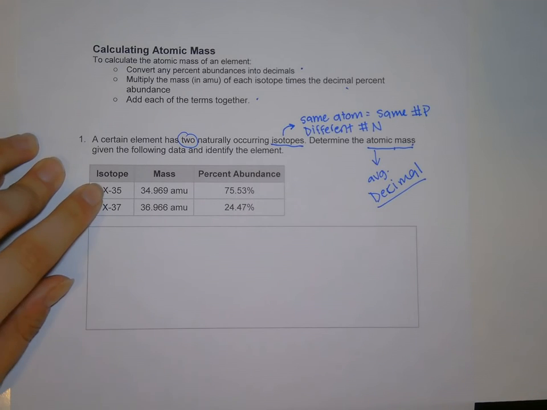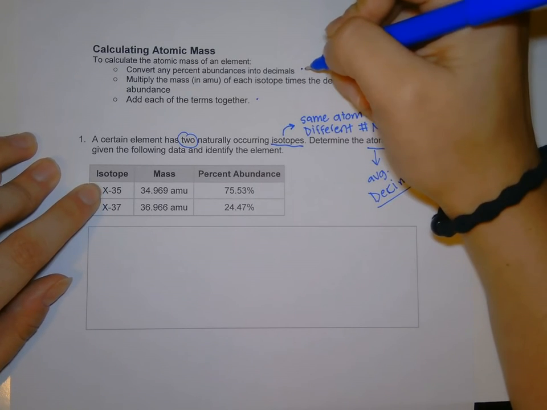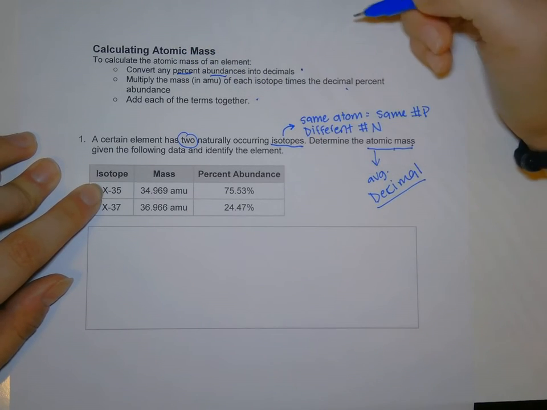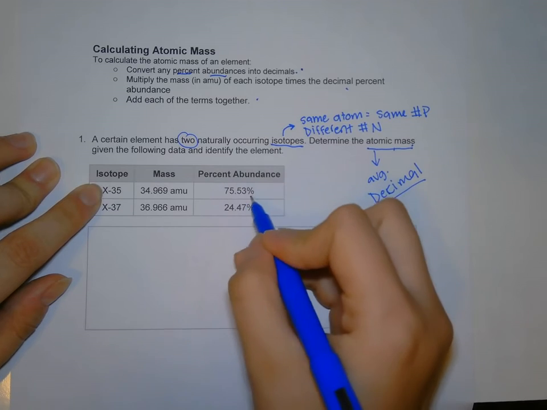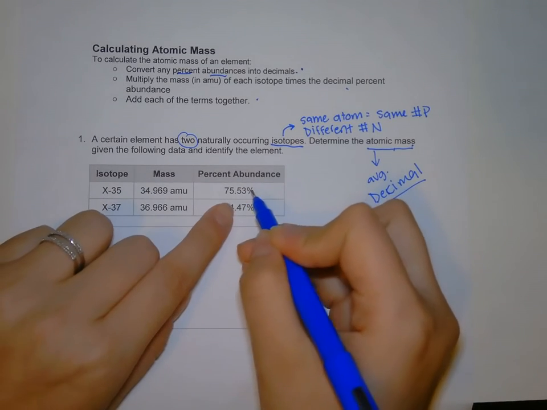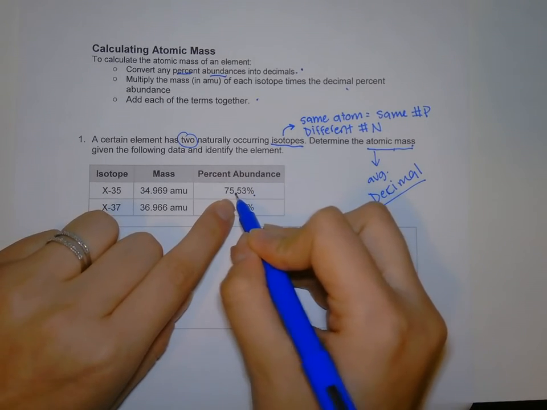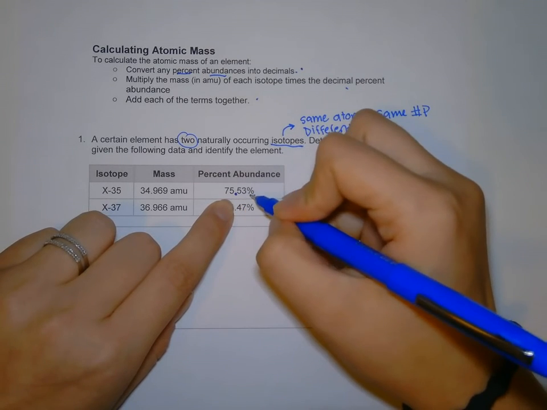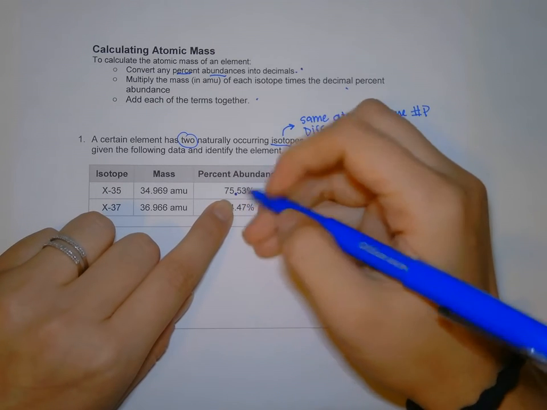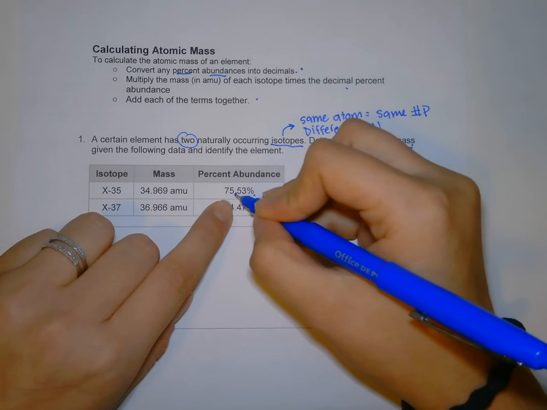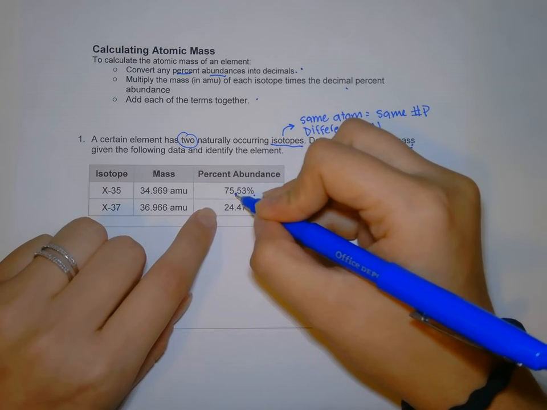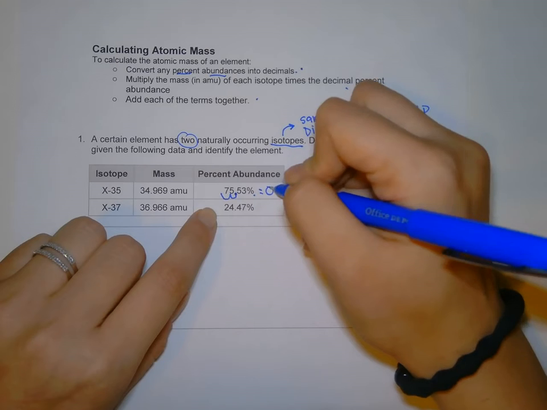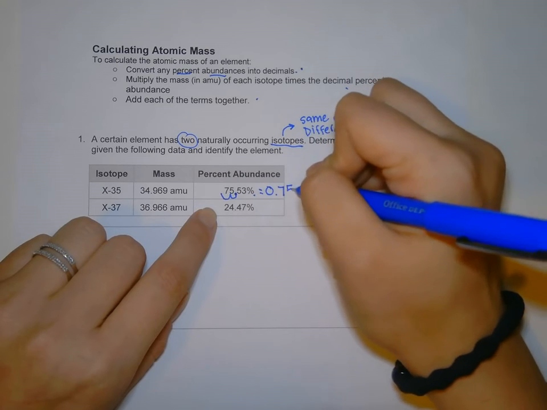Okay, so my first step, I have to convert any percent abundances into decimals. So I see I have 75.53% abundance here. I know that I can turn a percentage into a decimal by moving the decimal to the left 2 times, and that is equal to 0.7553.